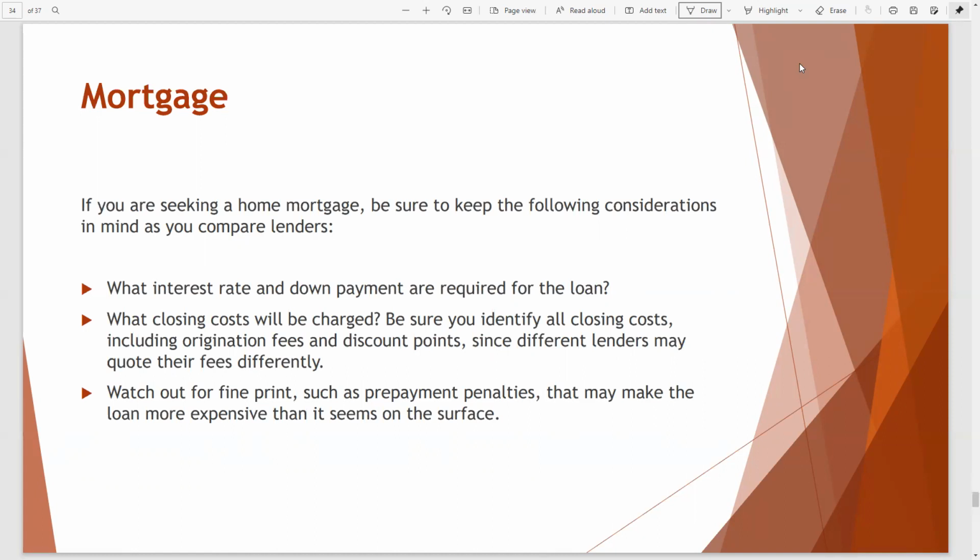All right, also the fine print, right? The paper print should tell you the prepayment penalty. Like some bank lends you money for 15 years, but they say in the beginning 5 years, you have to pay the fixed amount we give you. You cannot overpay it.